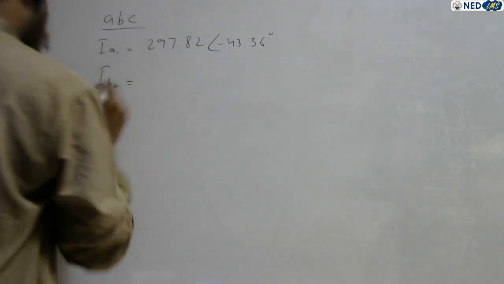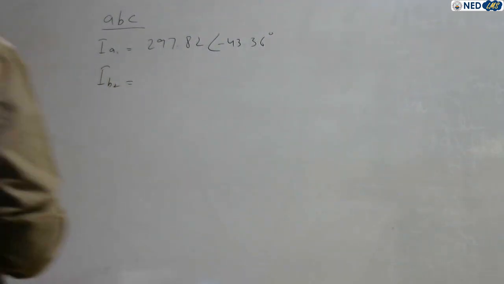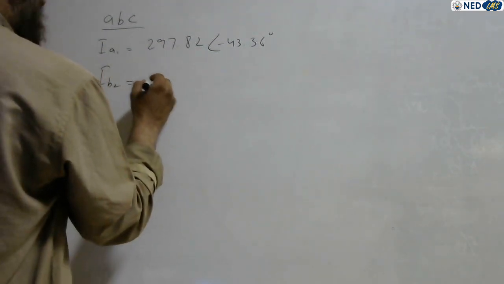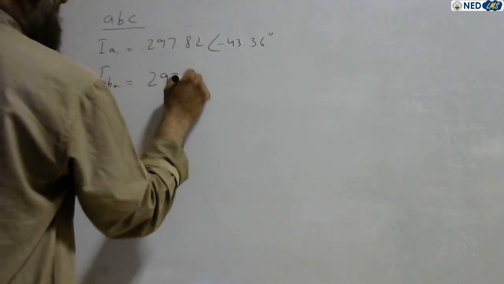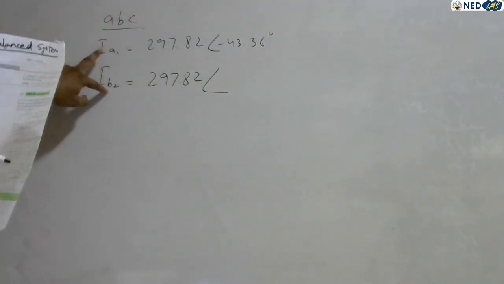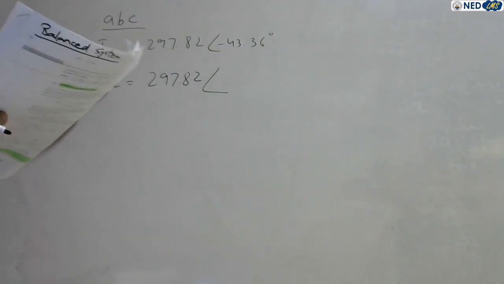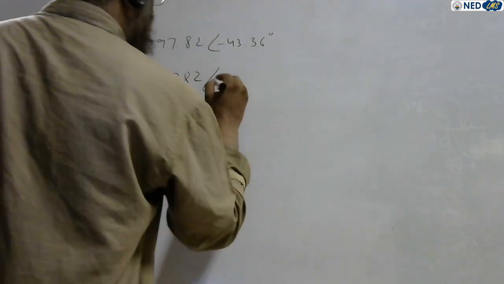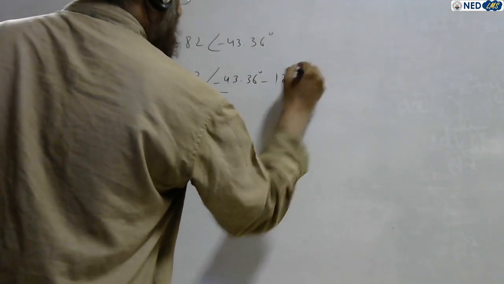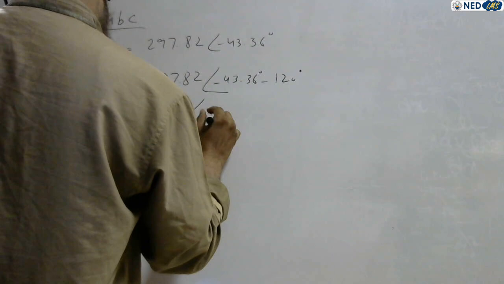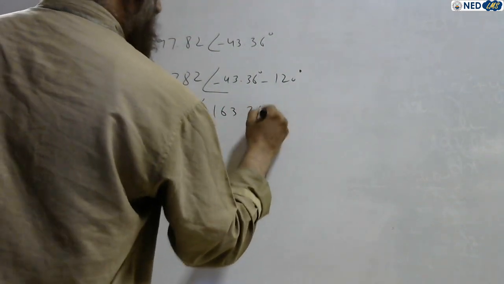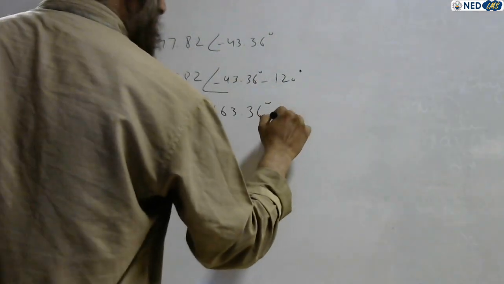Similarly, the second line current IB has the same magnitude, but because it is 120 degrees apart from the first line current, the angle becomes minus 43.36 minus 120, which is minus 163.36, magnitude being the same, in milliamperes.